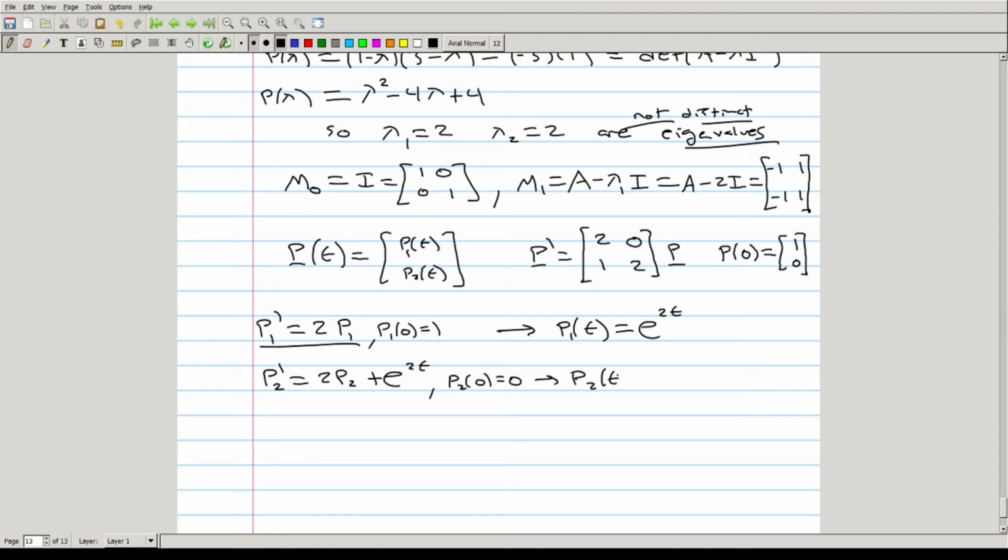Which gives the solution that p 2 of t is equal to t times e to the 2t.